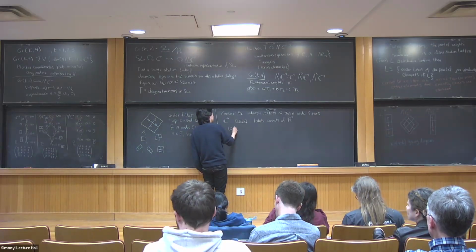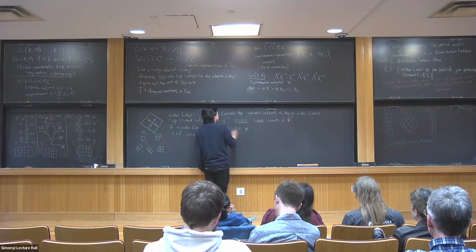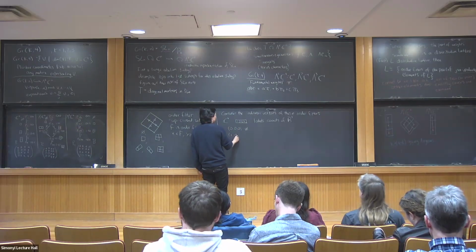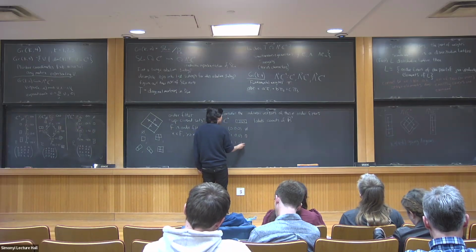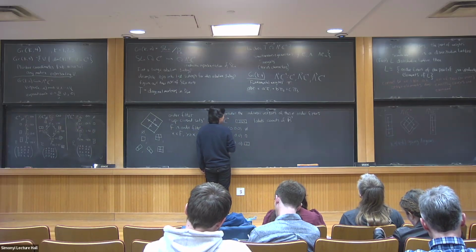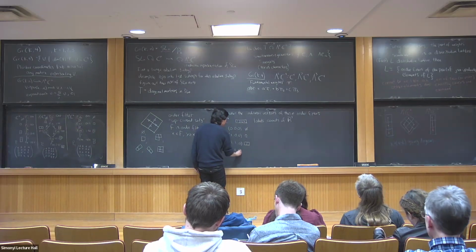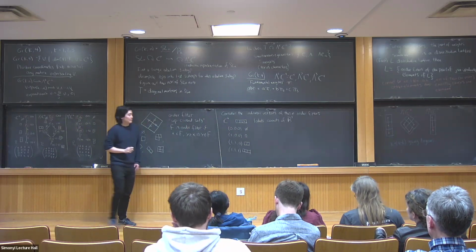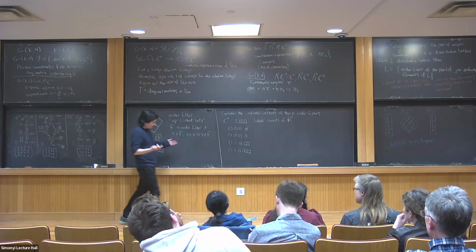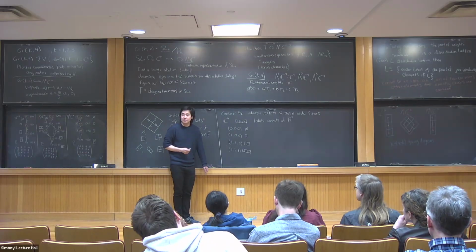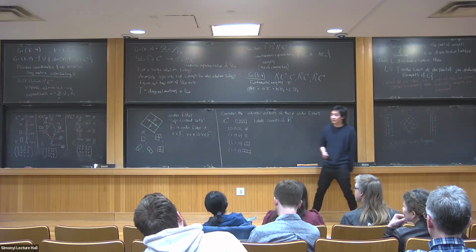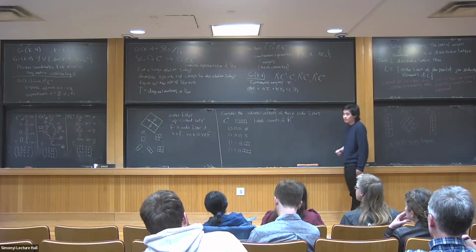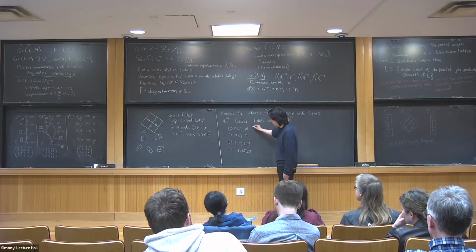So the first one is 0, 0, 0, corresponding to this. Then 1, 0, 0 for the box, then 1, 1, 0, and 1, 1, 1. Fine. Anyone recognize these vertices as something? The standard simplex in R3.